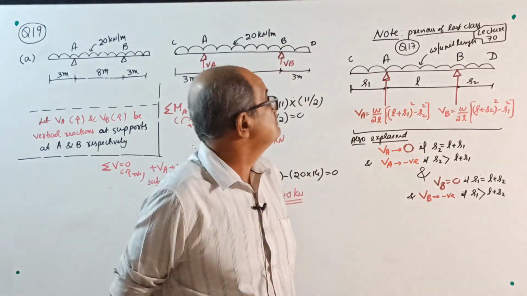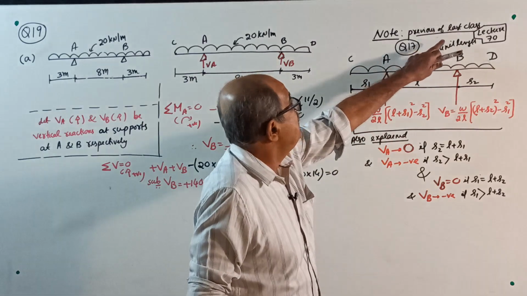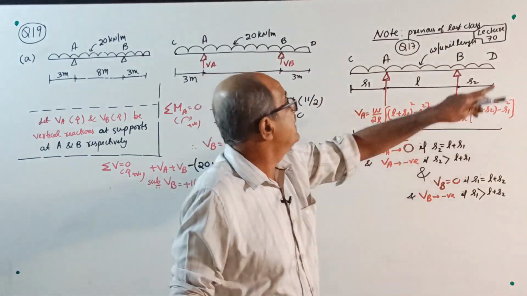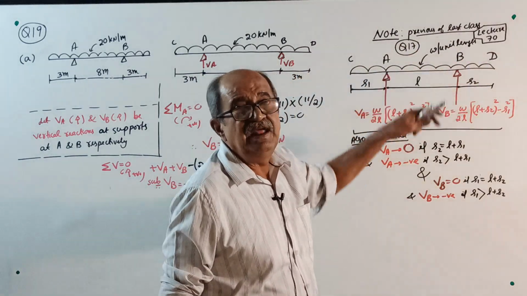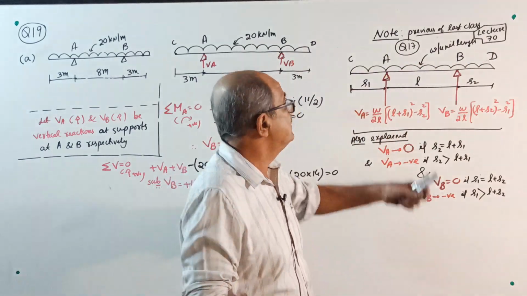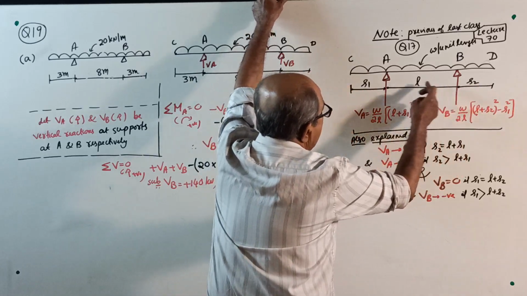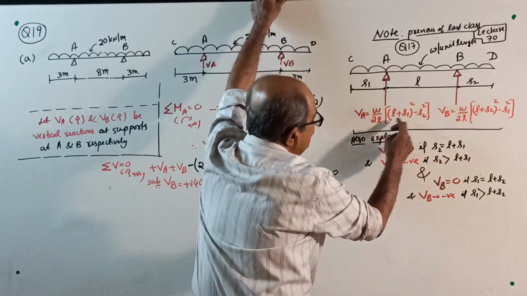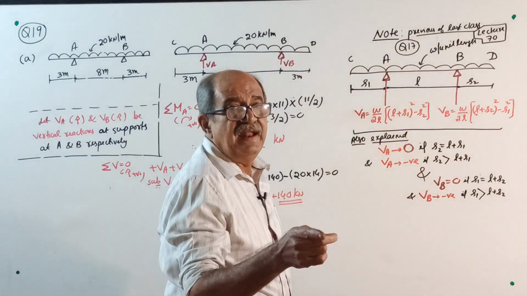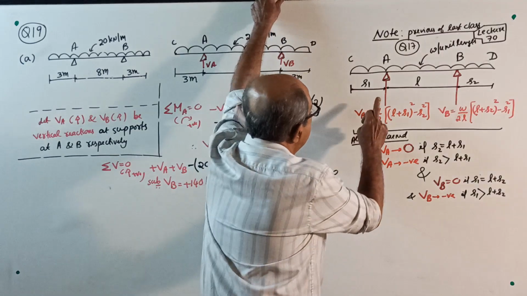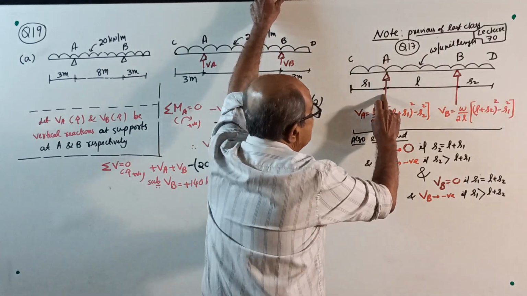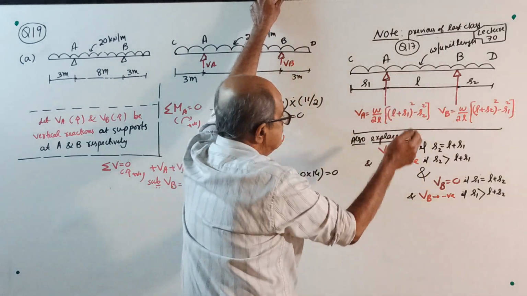Welcome to all. In the previous class, that is lecture 70, question 70, we considered the standard case of left overhang S1, right overhang S2, span L, and the expressions for VA and VB. I explained very thoroughly that we considered both reactions to be upwards.